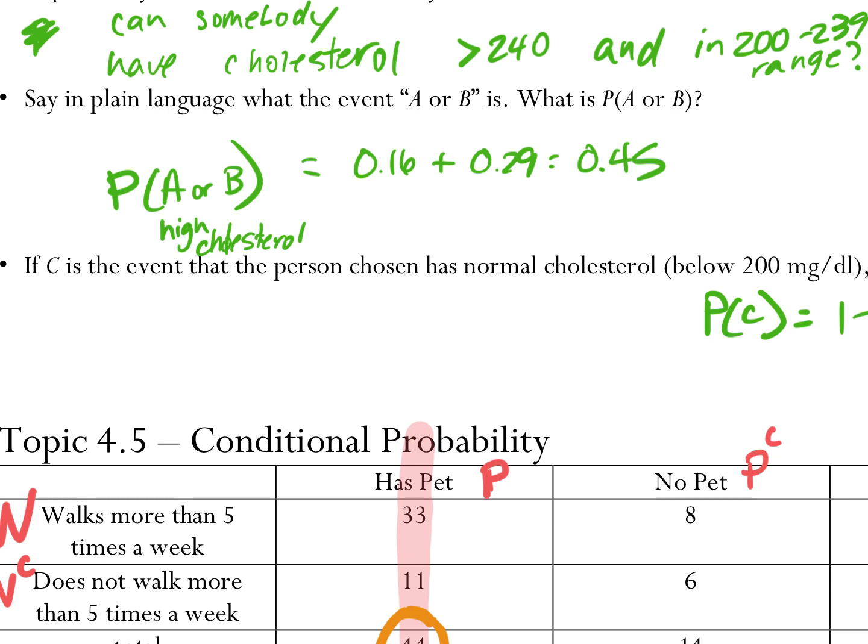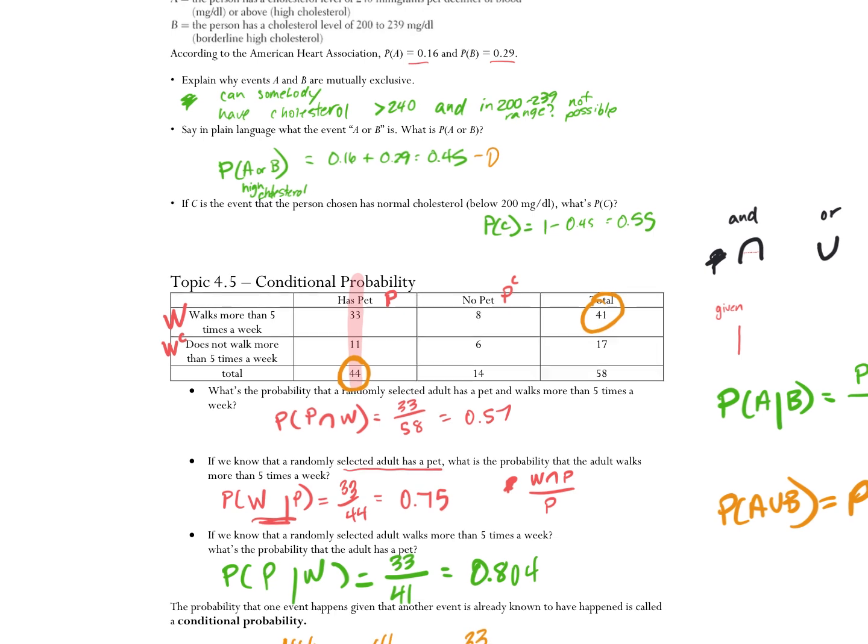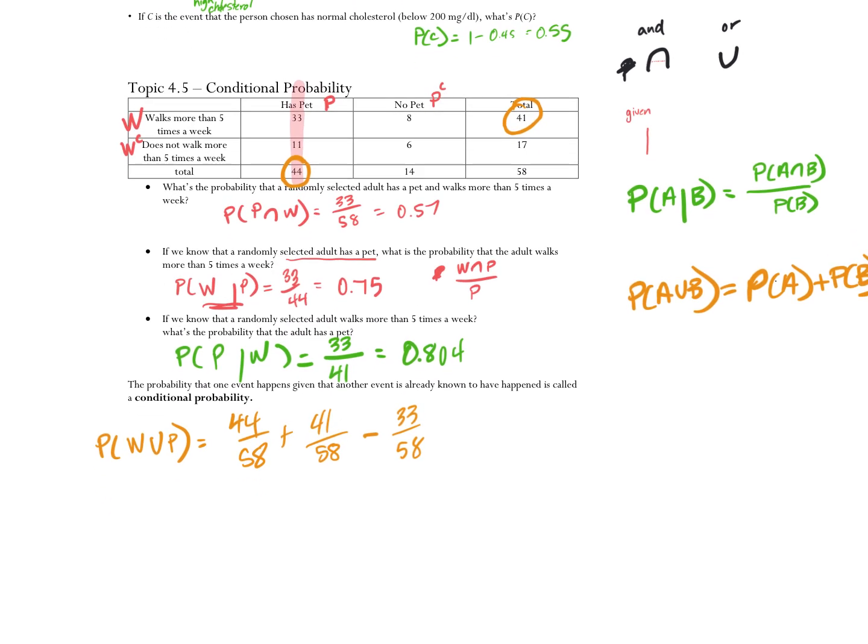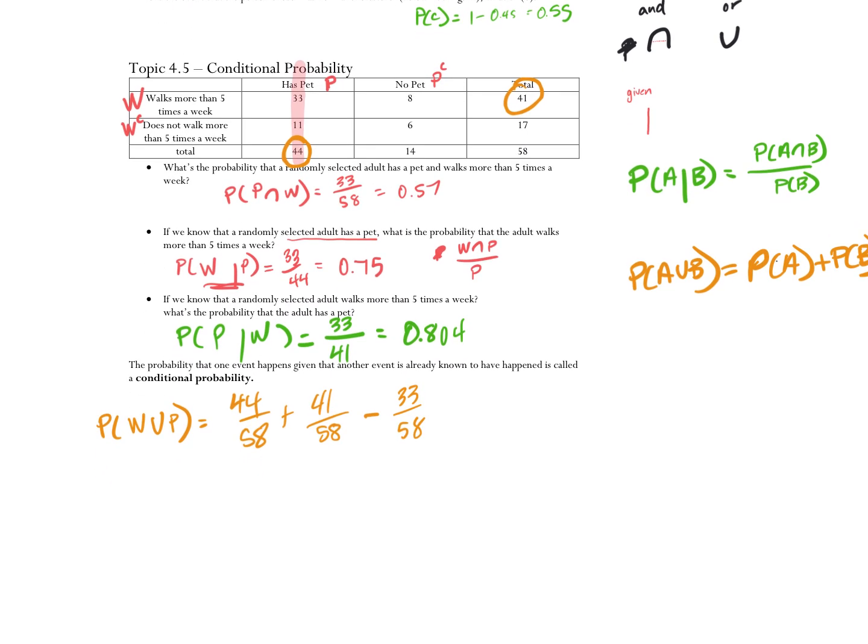So their overlap was 0. So technically, we should have subtracted 0 at the end, but it's 0, so we didn't. Everybody good? So if things are mutually exclusive, the value inside the table would be 0.